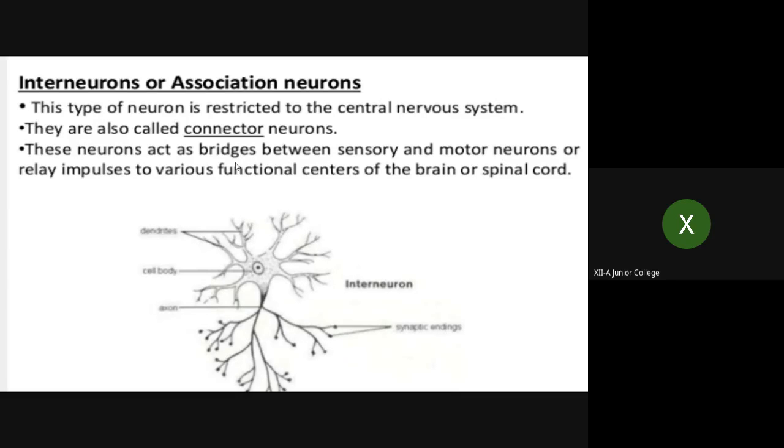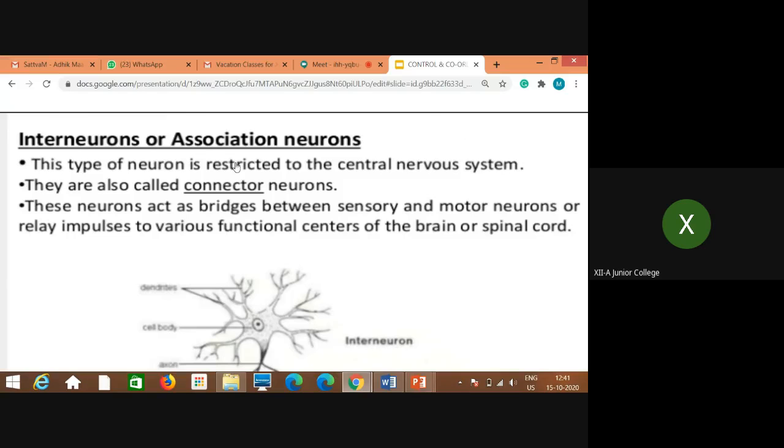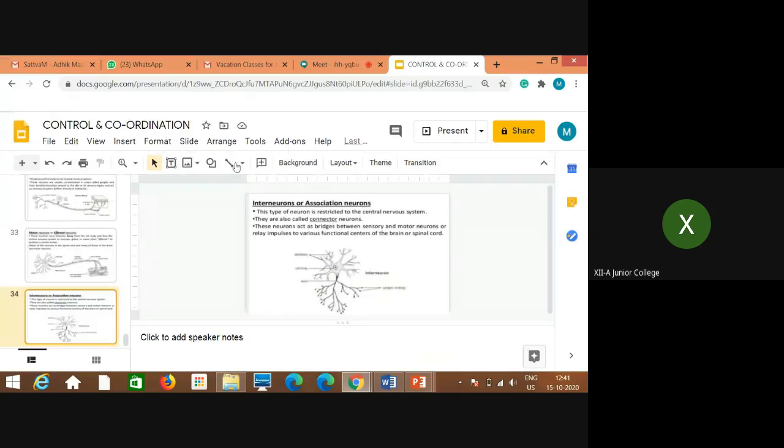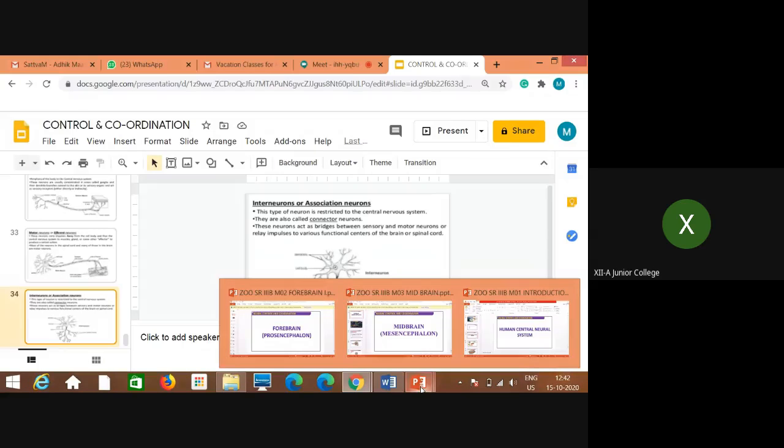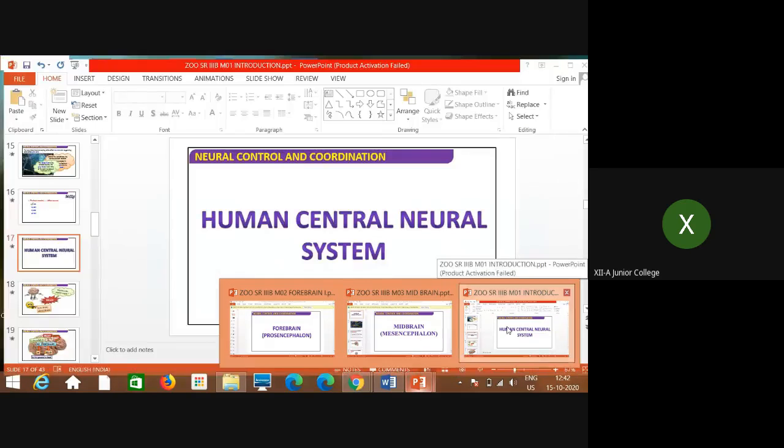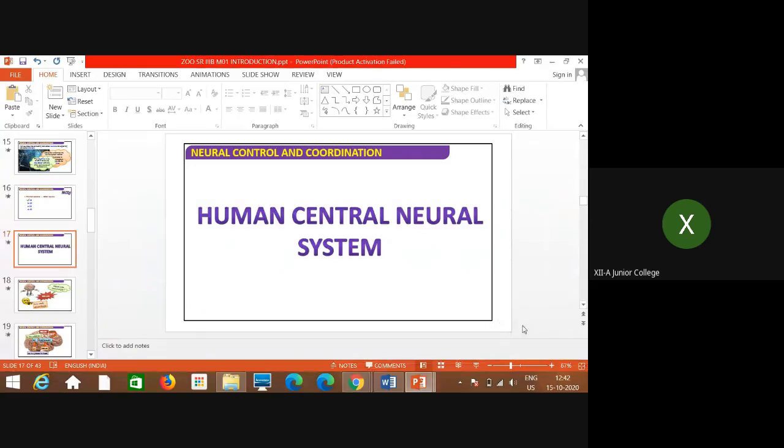Okay, so this is the classification according to the function, as well as classification according to the morphology. So these three types of categories we studied, right? Now the actual part of the main system, that is the human central nervous system or neural system, we will come to and discuss in the few more minutes that are remaining.